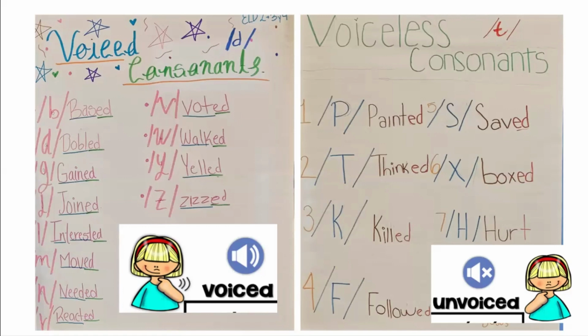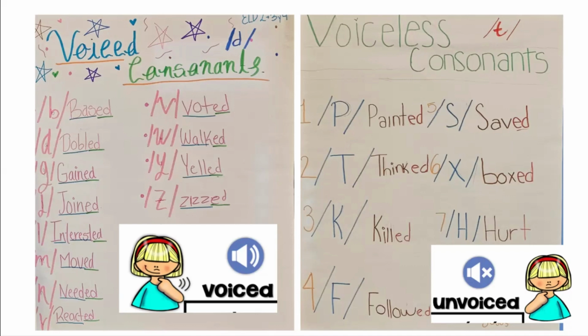Now, with the voiced consonant, you are going to say the phoneme sound. For example, the B as in ball, you're going to say B, B. If you have your finger placed by your throat, you should be able to feel that vibration. Let's go into the next letters.